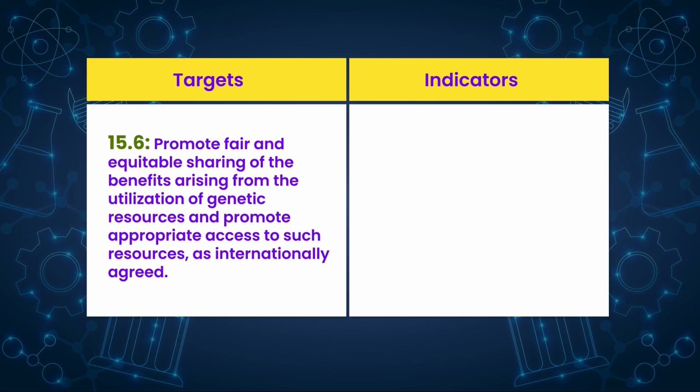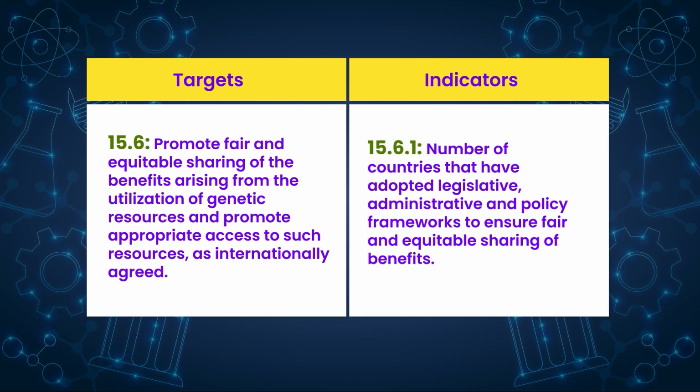Then, promote fair and equitable sharing of the benefits which arise from the utilization of genetic resources, and promote appropriate access to such resources. That is benefit sharing. One of the indicators is the number of countries that have adopted it, because all parties have to adopt certain legislative, administrative and policy frameworks to ensure fair and equitable sharing of benefits.